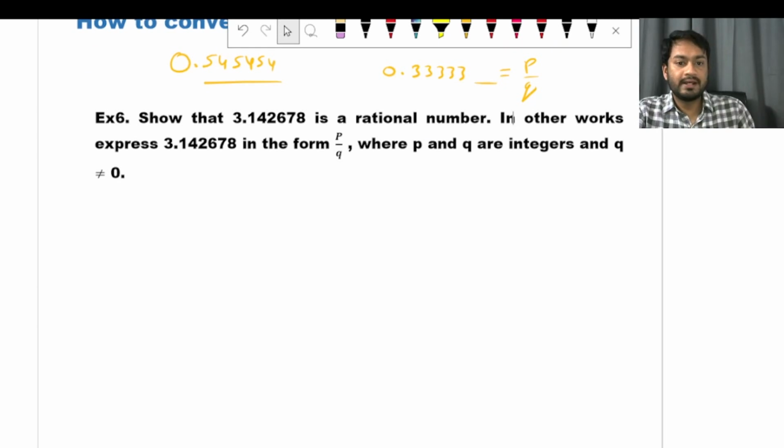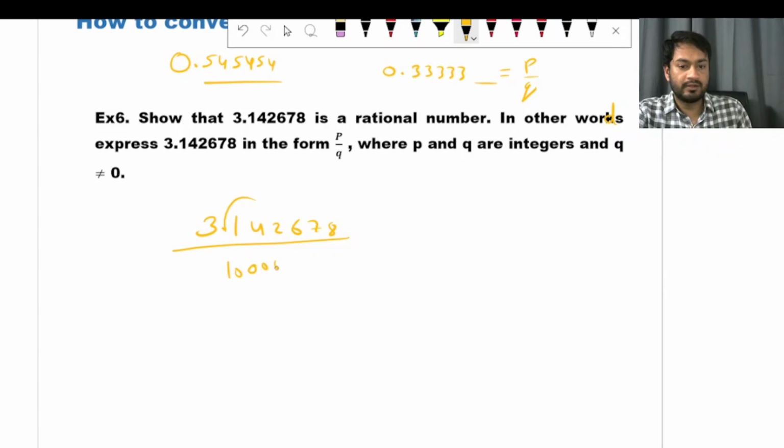So show that 3.142678 is a rational number. In other words, express 3.142678 in the form of P upon Q. Okay, so what you need to do is just put 3.142678, remove this decimal, and then put zeros: 1 2 3 4 5 6.